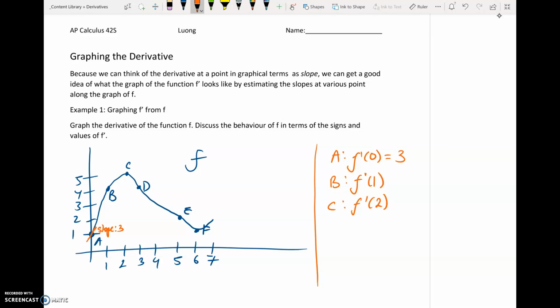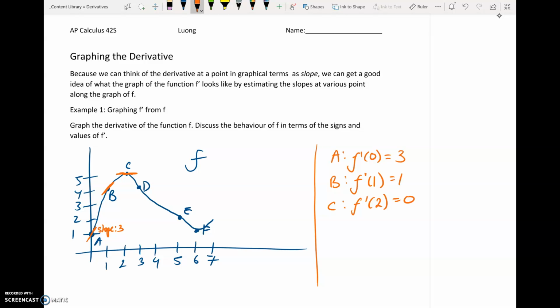In B, we're going to look at that rate there, and that slope looks like we're going up 1, over 1, which means we have a slope of 1. At C, it flat lines like this, that's the slope at that point, which means we have a slope of 0.